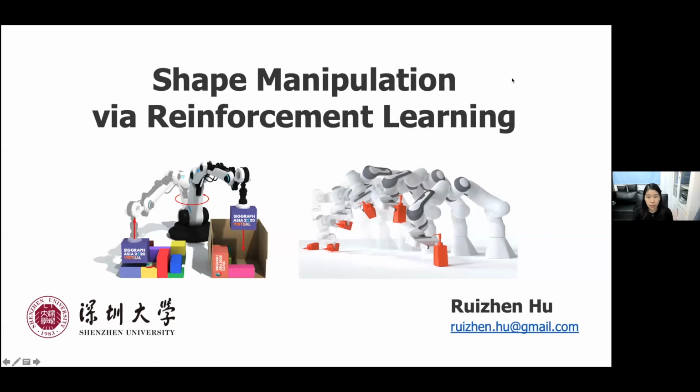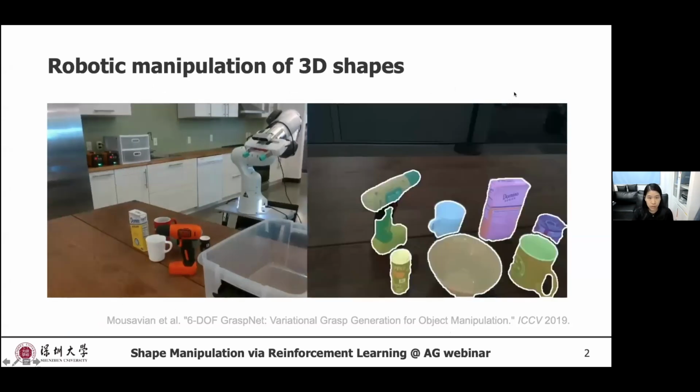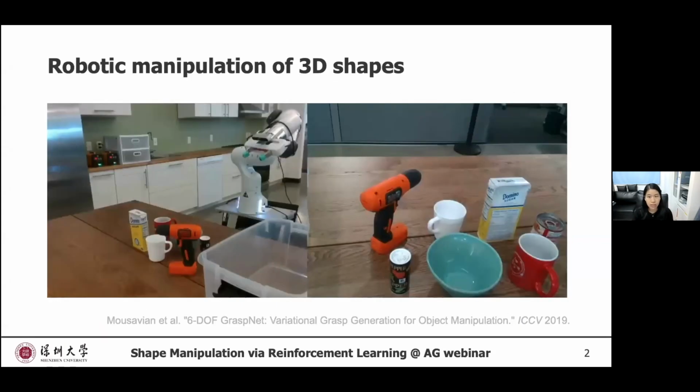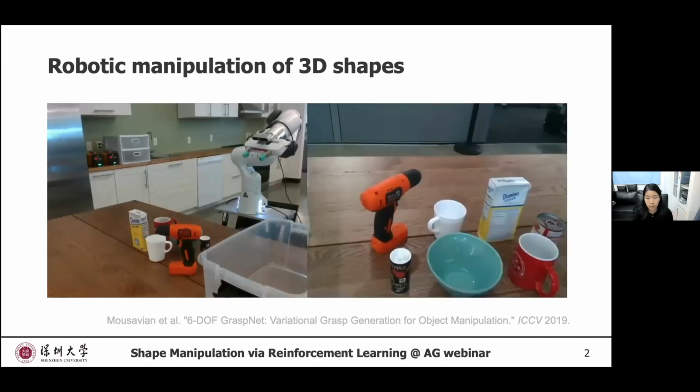Today, I'm going to introduce several works that use reinforcement learning to guide shape manipulation, especially in the case of using robotic arms. Let's first take a look at this video. Here a robotic arm needs to grasp the object on the table and place it in the box on the left.